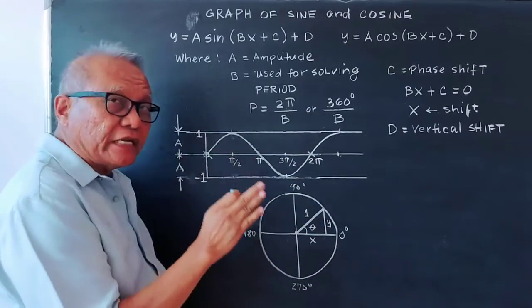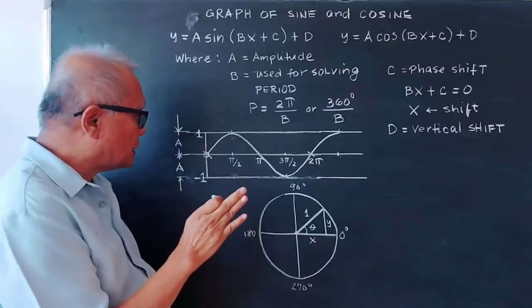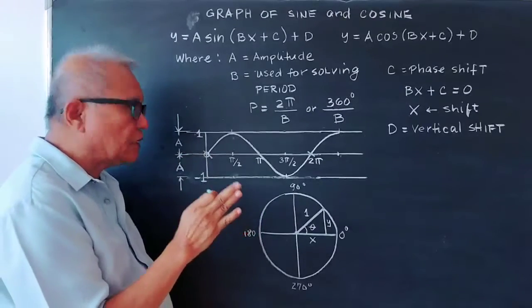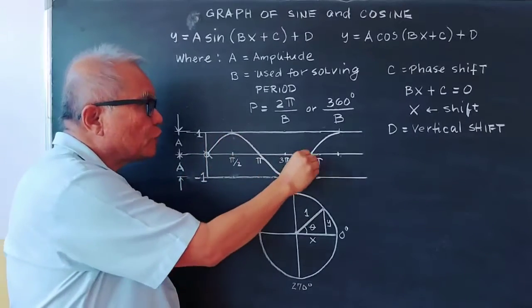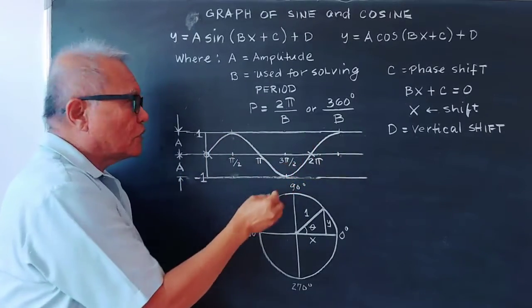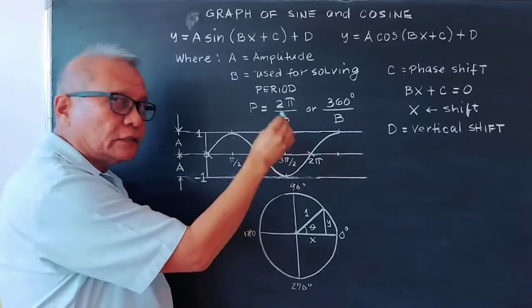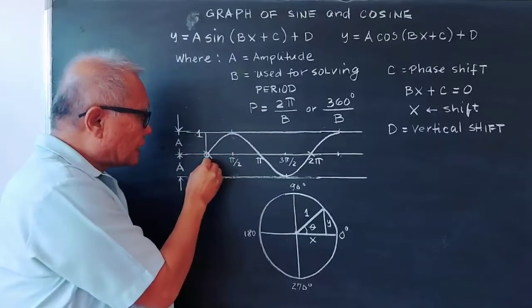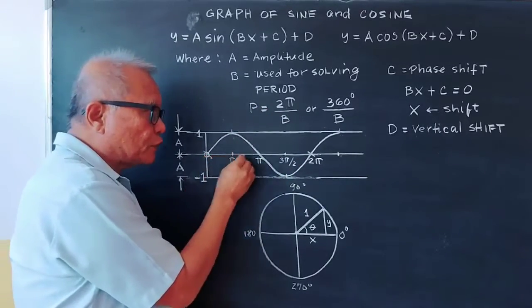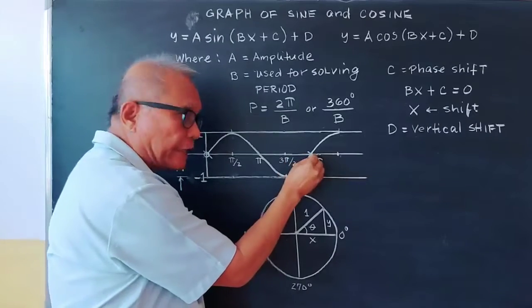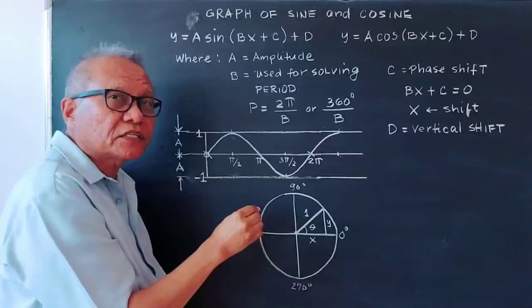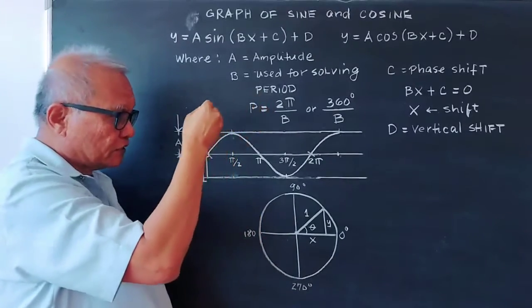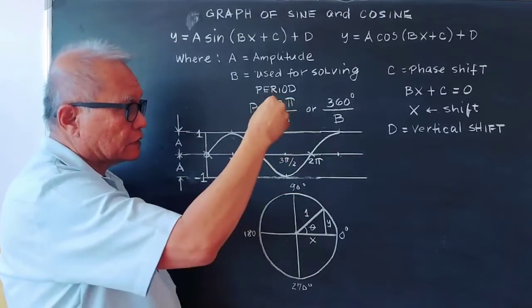Now, for sine and cosine, why is it that the sine starts on the 0? This is the sine wave. So if we have a basic sine, one cycle is from 0 up to 2 pi. 2 pi is 360 degrees, as in a circle like this.